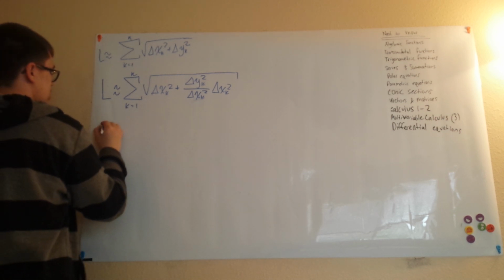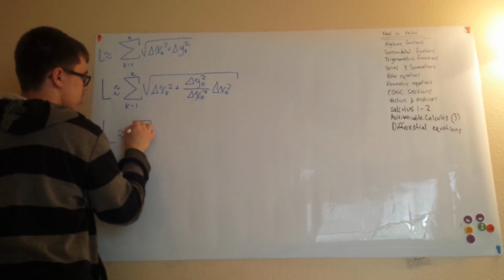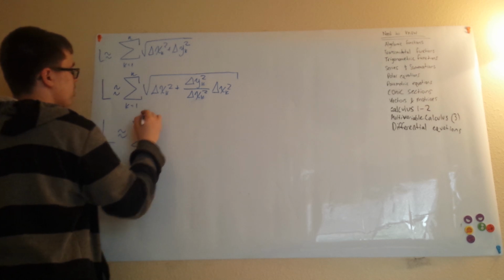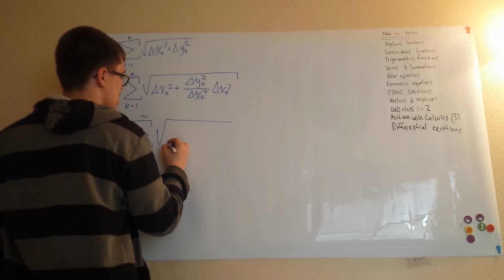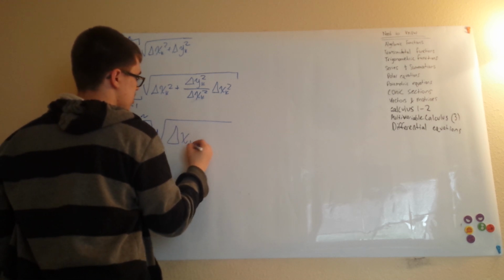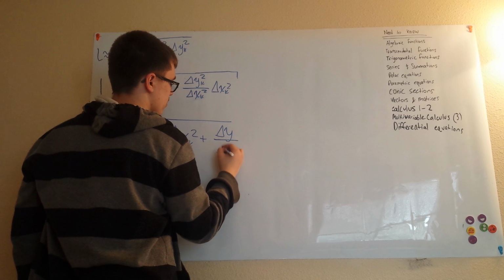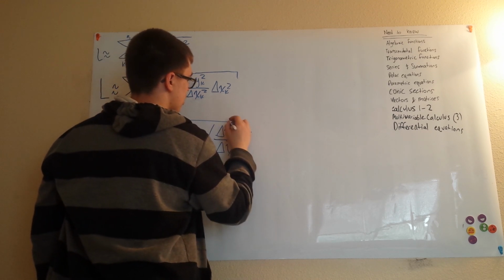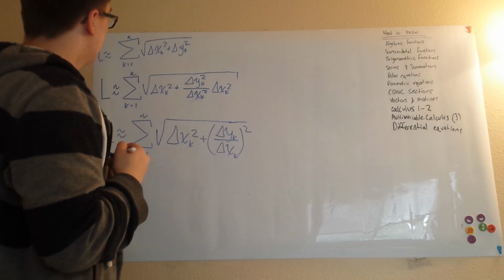So let's go ahead and change it a little bit more. This is delta x sub k squared plus the delta y over the delta x sub k squared. We can pull that out, can we?